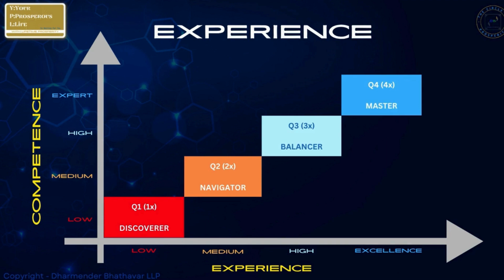The fourth one here is the masters, where the competency level is at the expert level and experience is at the excellence level. Hence they have become the masters, and whatever time is required to execute, maybe in a couple of minutes they are able to execute things and achieve excellence in their challenges.